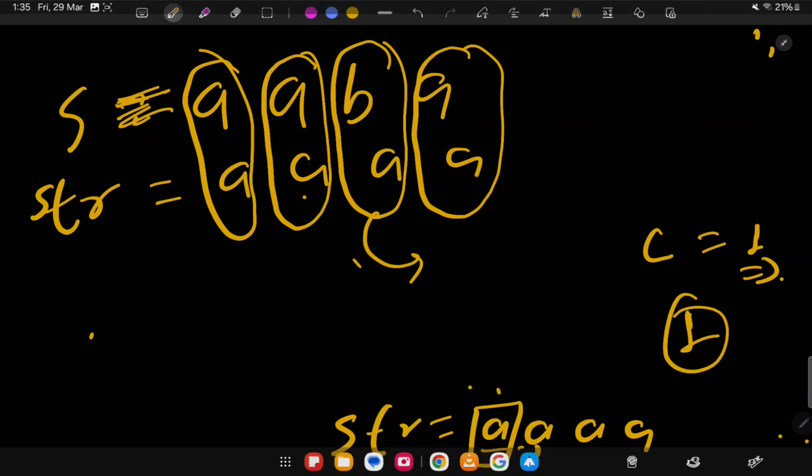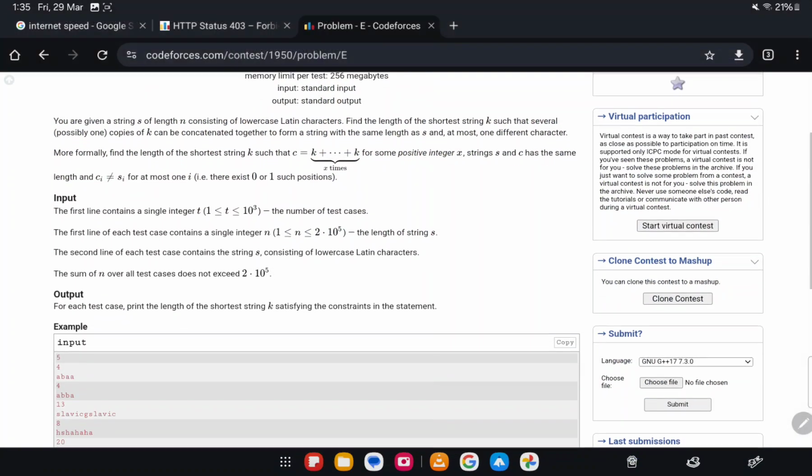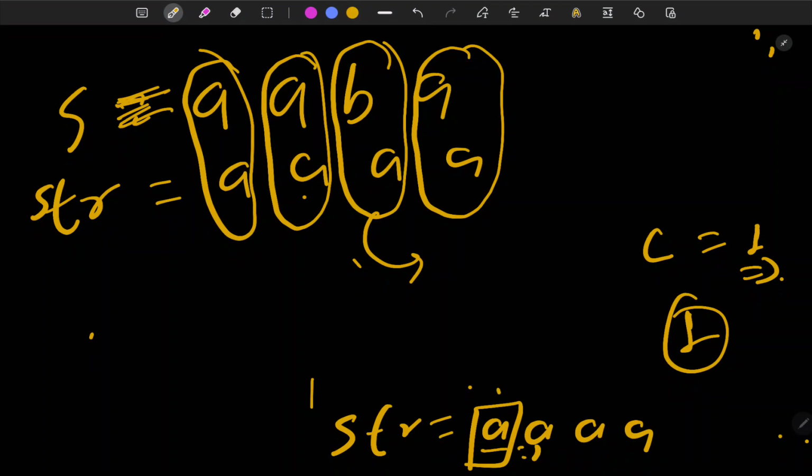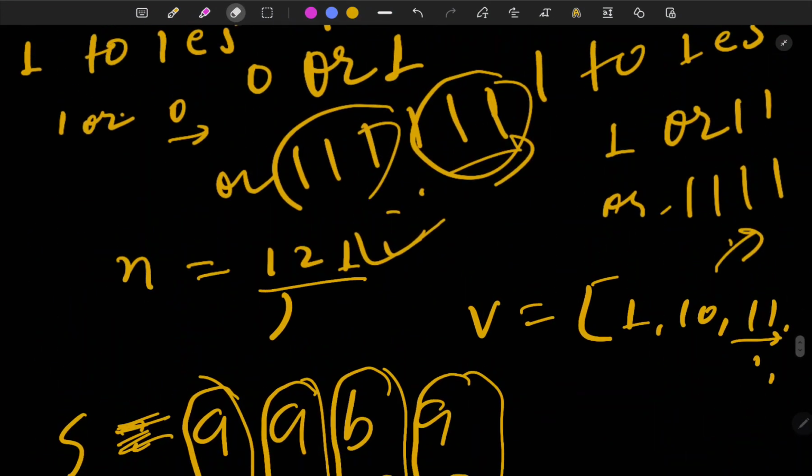So if we take the next example, I can take the test case only, like ABBA. Okay, so my S is ABBA. It is also of length 4.